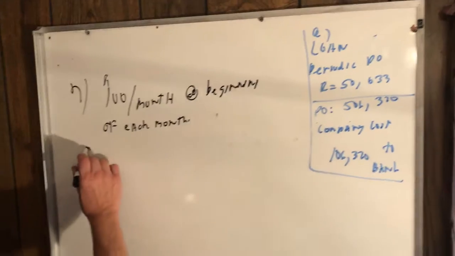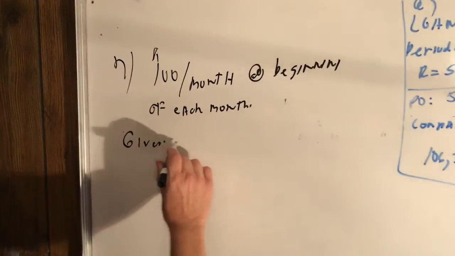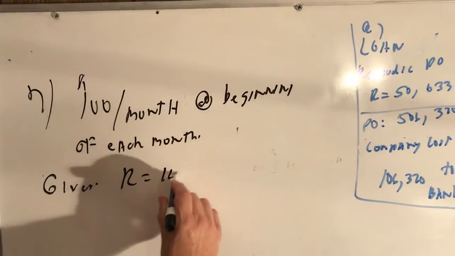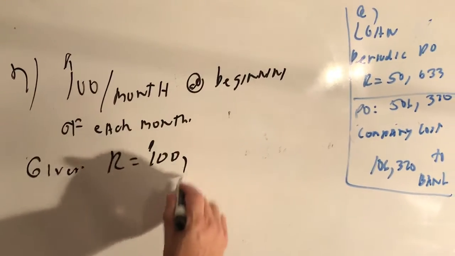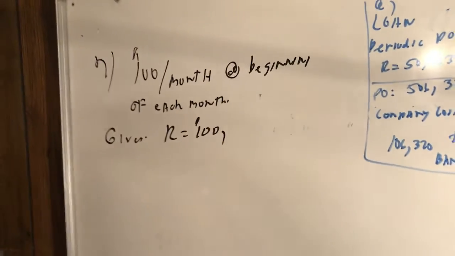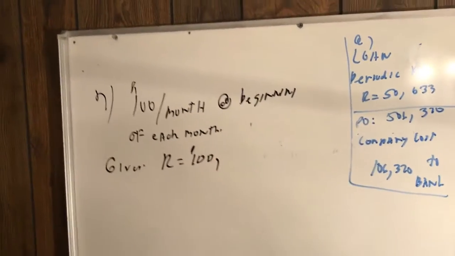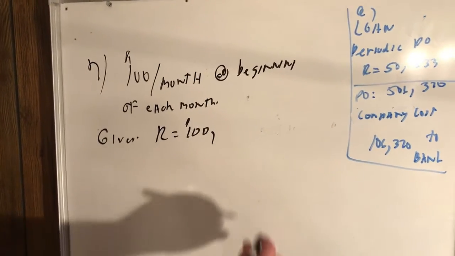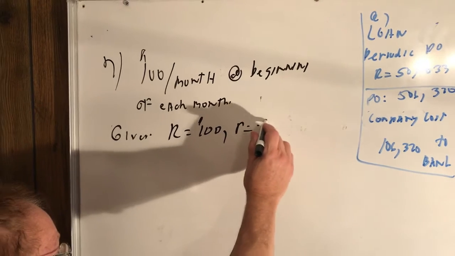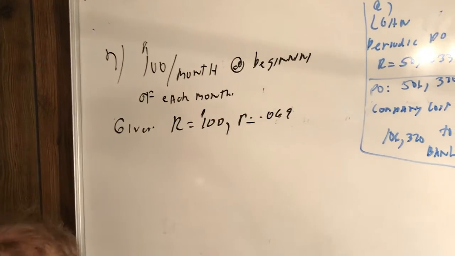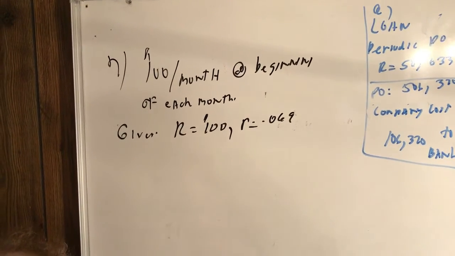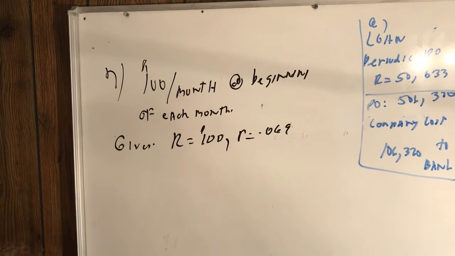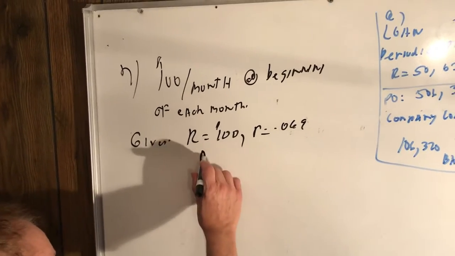R is 100. So here's the periodic payment. So right away you know you're in an annuity. There's no compound interest. There's no simple interest. It earns 6.9% or 0.069, and it's compounded monthly, okay? So M equals 12.